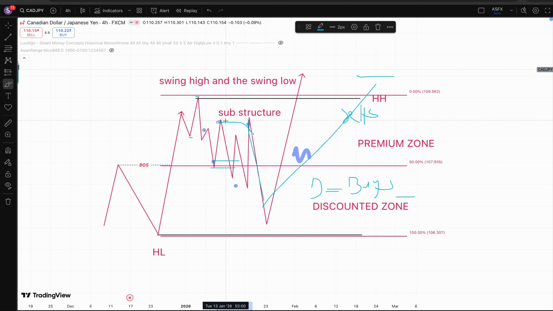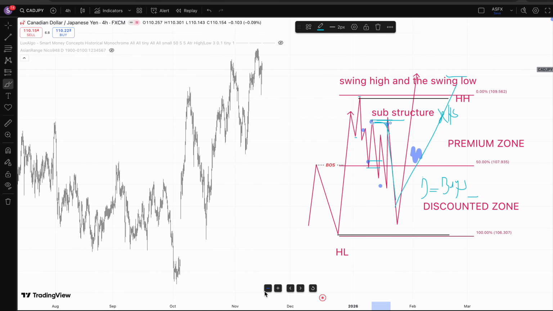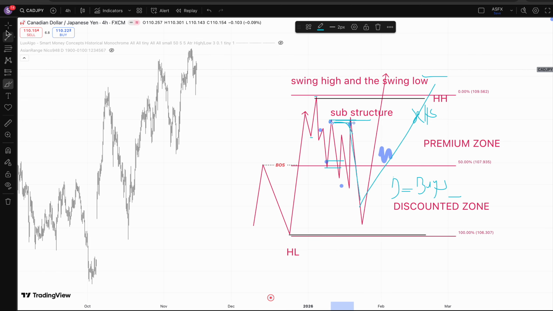And all this is called substructure. Our main structure is from the higher low to the higher high. So whenever you want to use your fib, you use your fib from the higher low to the higher high. It's as simple as that, guys. So let me illustrate an example to you guys.